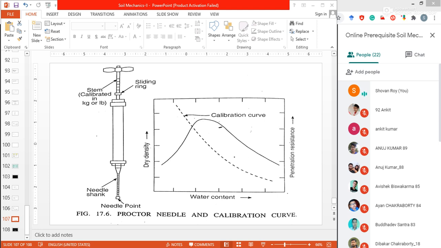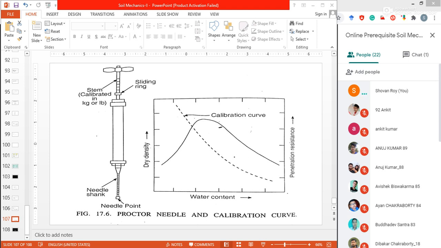So when we add calcium carbide with the soil in a closed container, acetylene gas is formed, and due to this gas some pressure develops, which we can measure. Some pressure meter is attached to this container: the dial gauge located at the diaphragm.